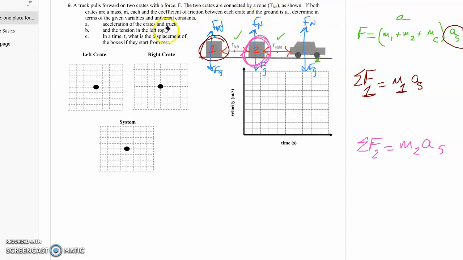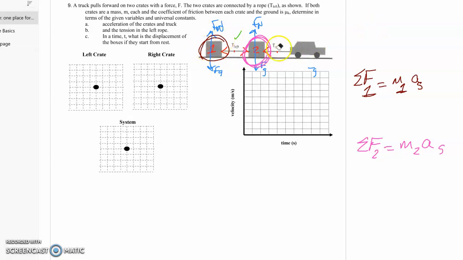Determine mu. I do not think that we really have any information about the truck, and usually that's not a player in these things. So I'm going to lose all this, and we're just going to concentrate on the crates.